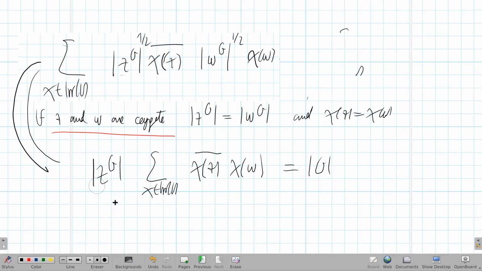What I mean, note, remember, orbit stabilizer, which tells you that the order of G equals the size of an orbit times the order of the stabilizer.